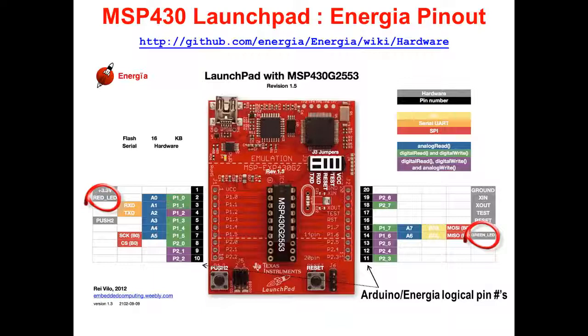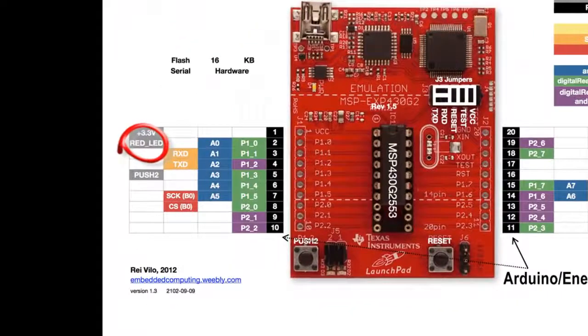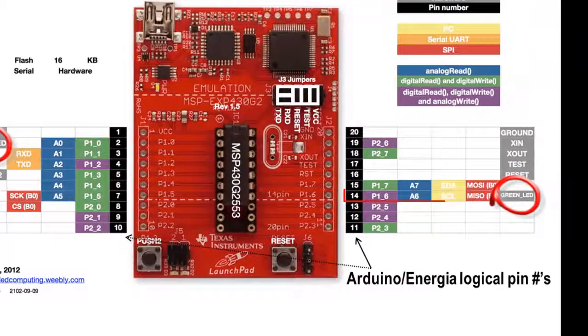Let's start in the very innermost columns. These columns, with pins 1 through 10 and 11 through 20, the ones in black on the innermost column, are the Arduino pin numbers. So when we talked about pin 14 being an LED, let's go look at that. On the right-hand side, pin 14, you can see it's connected to the green LED.